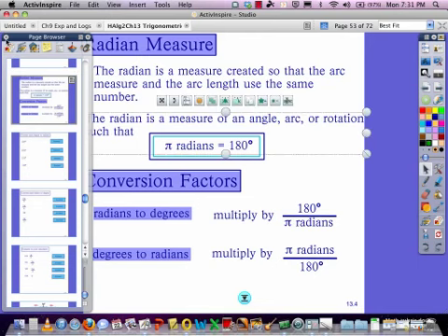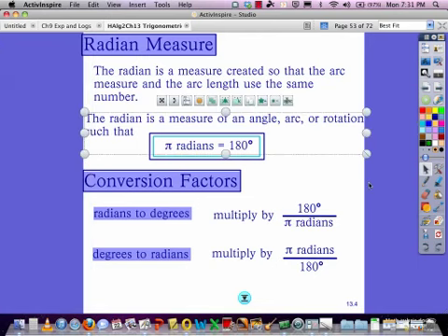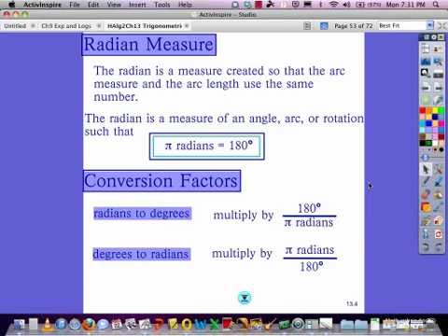When we talk about radian measure, you have to realize that the radian, as we've been describing this week, is a measure created so that the arc measure and the arc length use the same number.